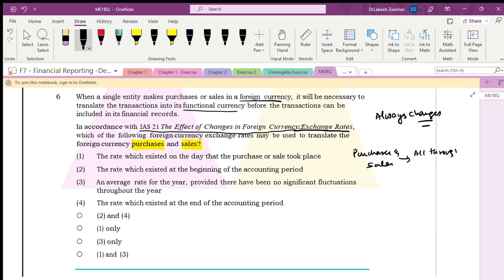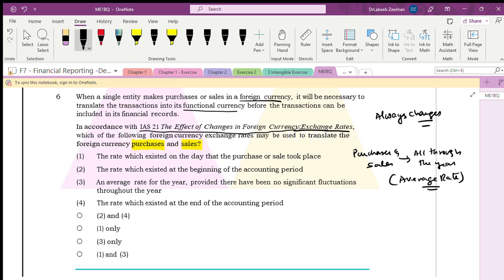When we take into consideration all through the year, definitely as per the rule we have to take the average rate.